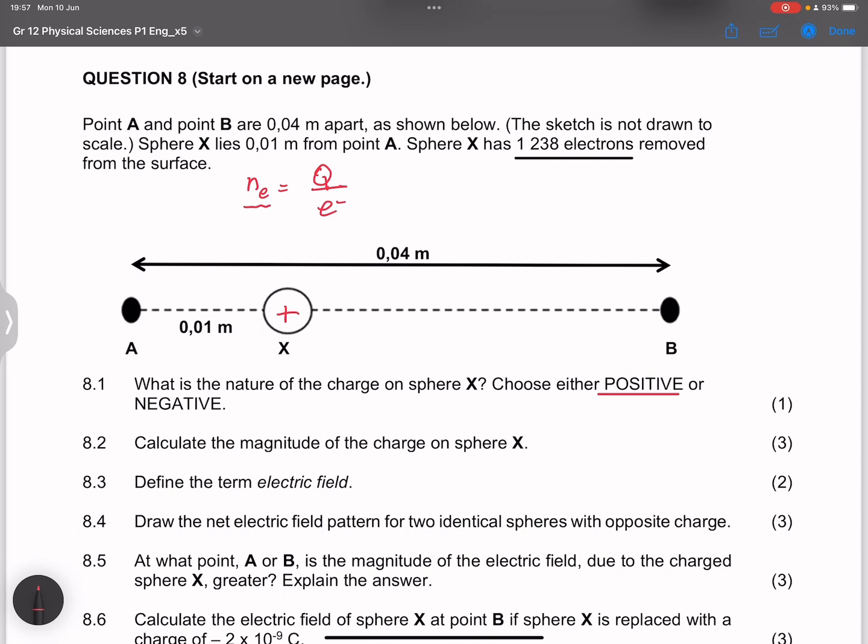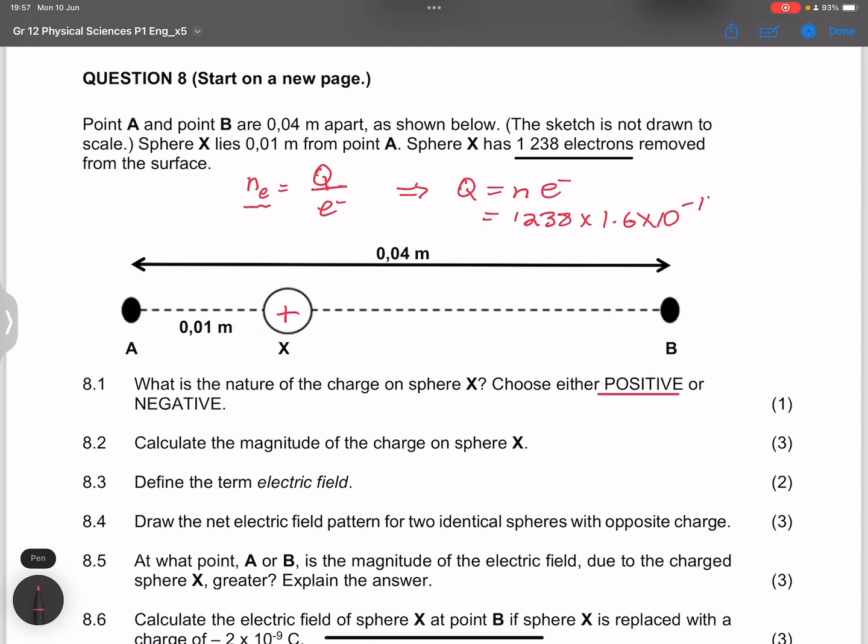We know the charge of an electron, and so that means that Q would be n multiplied by e, so that would be 1238 multiplied by 1.6 times 10 to the minus 19.